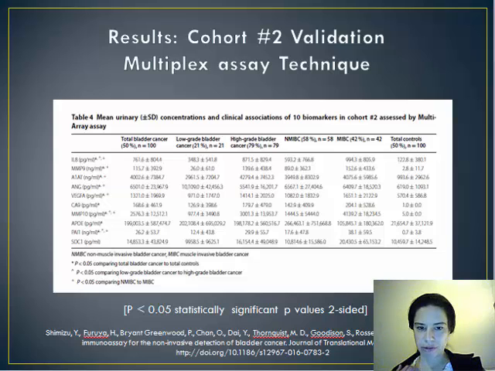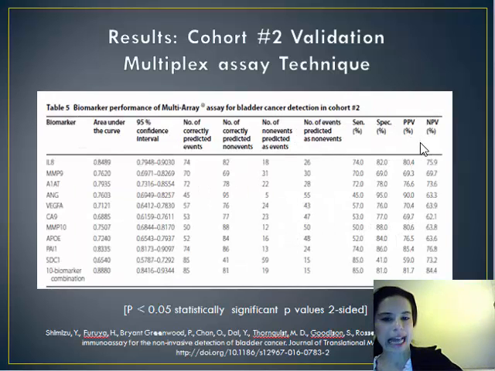And here is just a summary in Table 4 of all of the different biomarkers, and this is for the total cancer and for different stages of cancer, low grade, high grade, and then there are a couple of different special types of cancers, just so you could see raw values for how these biomarkers are associated with the different cancer types.